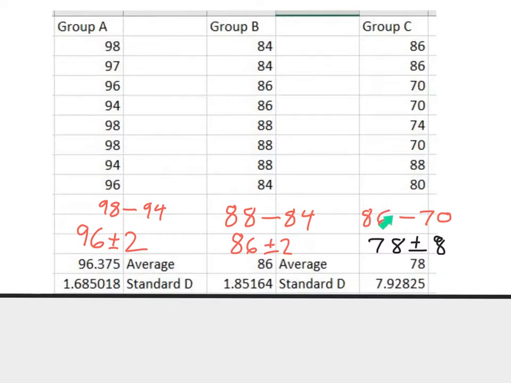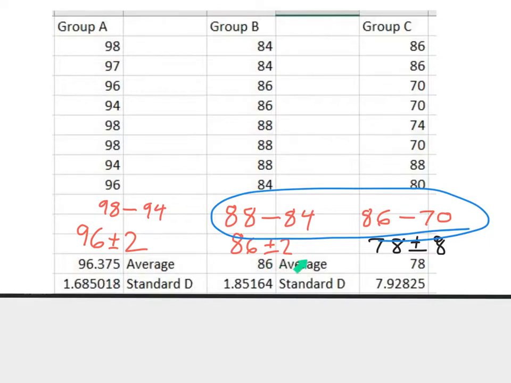Some of the students in Group C would have scored right in the middle, or right at the average, of Group B. Despite the fact that the classes have different averages, because of that overlap, we can't say that group C students are really different from group B. Because those ranges overlap when we apply the standard deviation, we can't really say that group B is significantly different than group C.